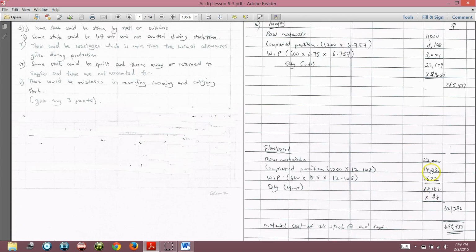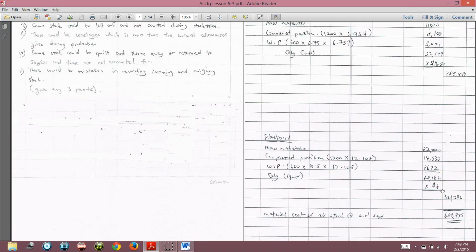The fiber board is actually the same story, I won't repeat. It is based on the same logic, so you can work it out. This is the material cost of the metal, and this is the material cost of the fiber board. Add together, the material cost of all stock at end of September is 686,755. So I have answered part E already.